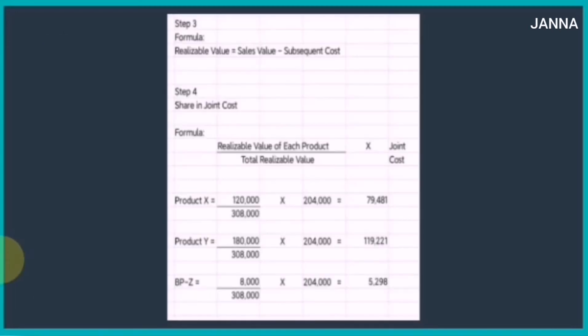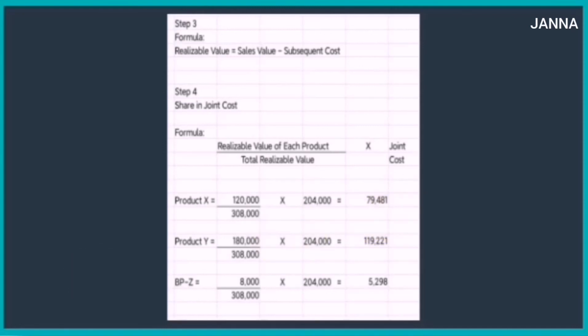Supporting computation, we have 120,000 na realizable value over 308,000 na total realizable value multiply sa joint cost na 204,000 to arrive with the joint cost of product X na 79,481. So, yun yung share niya sa joint cost.